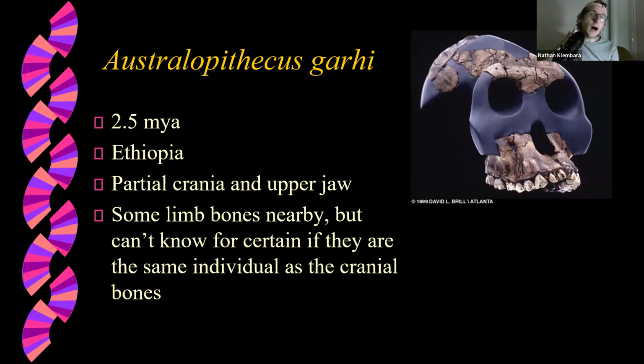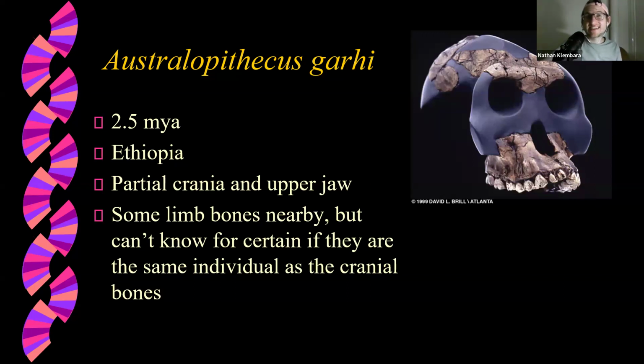We do have some limb bones that were found nearby it. But they're just far enough away that we can't know for sure if those limb bones are associated with these skull bones or not. So we can't say that they are. We can't say that they're not.